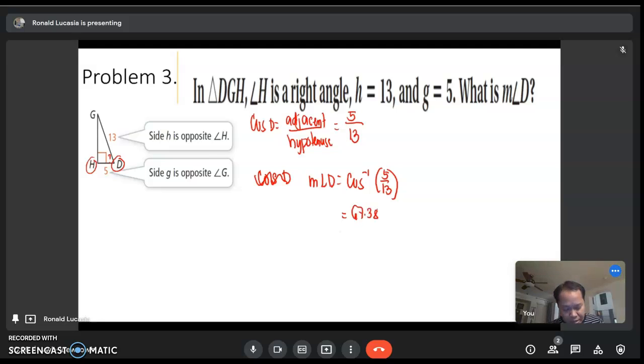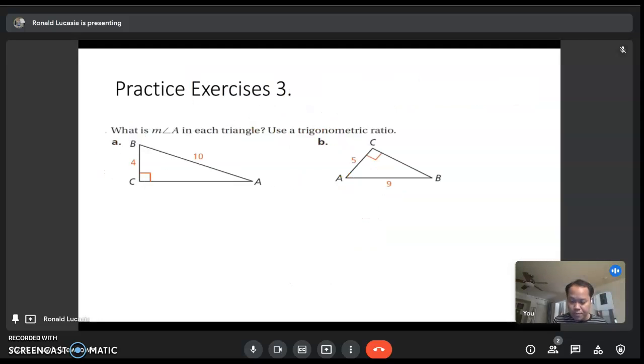Your answer must be expressed in 1 decimal place. It should be 67.4. So therefore, the measure of angle D is equal to 67.4 degrees.